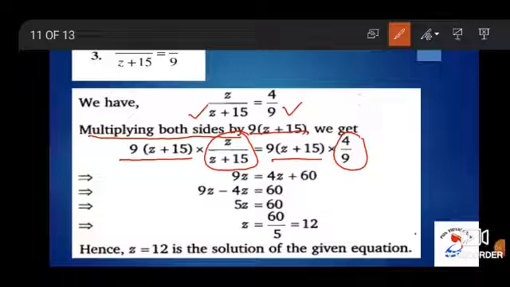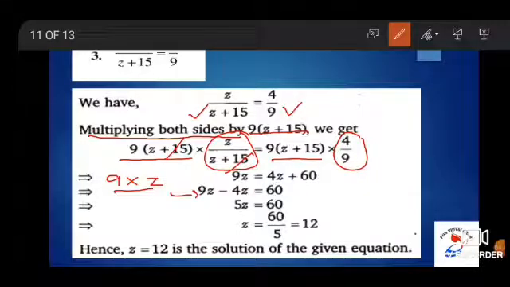So if you solve this, you will get the result as this z plus 15 and z plus 15 will get cancelled. Now it will be 9 multiplied by z, that is nothing but 9z.